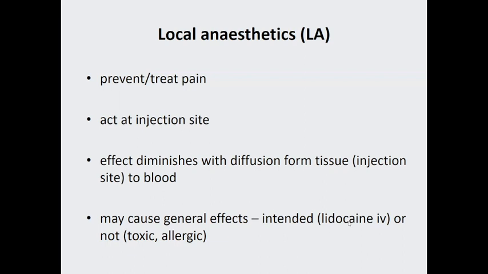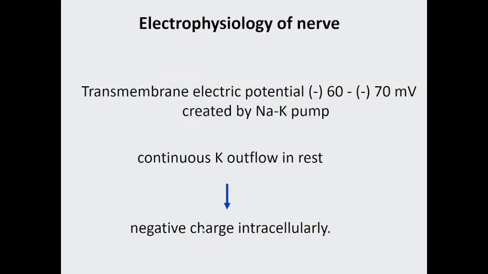So small doses of lidocaine can be given intravenously, intended, but when we talk about the regional block, intravenous or intravascular injection is incorrect. So we have to divide two indications for lidocaine: intended, stabilization of the heart and pain treatment when we give lidocaine IV, or not intended, toxic or allergic reaction.